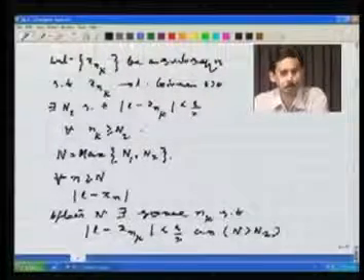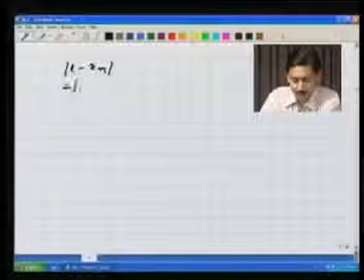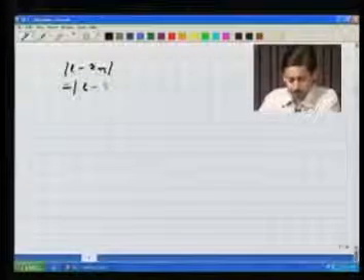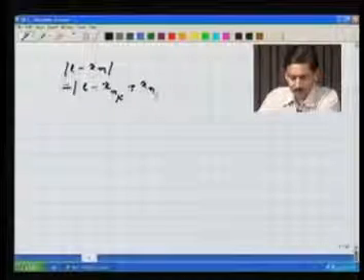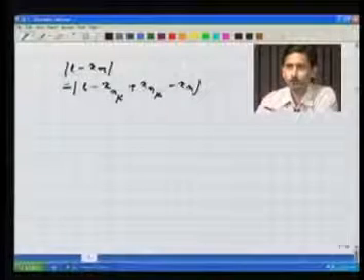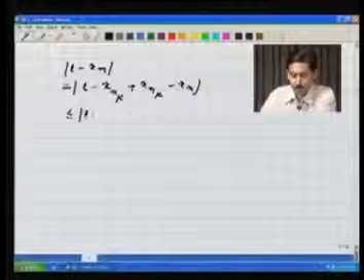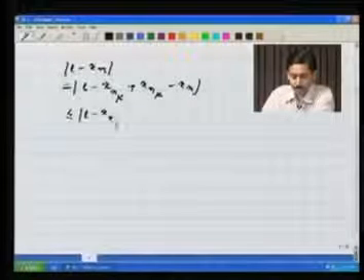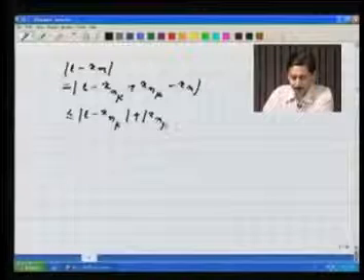Then I write this L minus xn again as L minus xnk plus xnk minus xn. And I again use the triangle inequality to get that this is less than or equal to modulus of L minus xnk plus modulus of xnk minus xn.